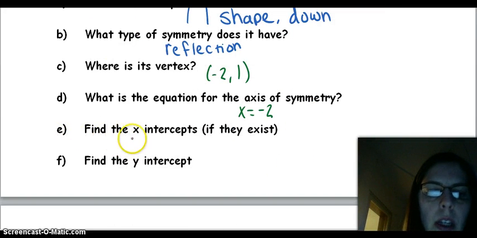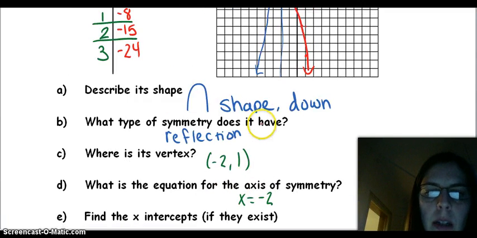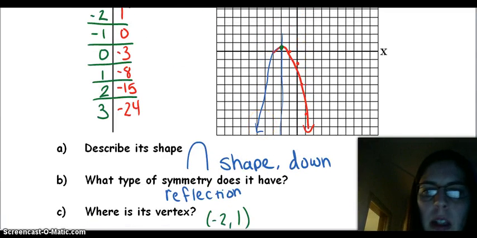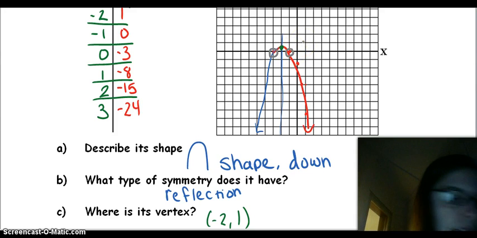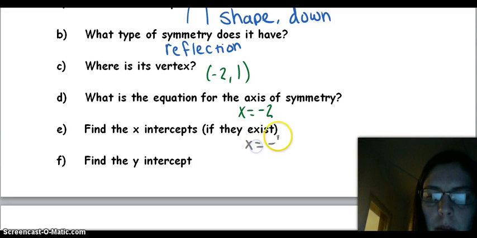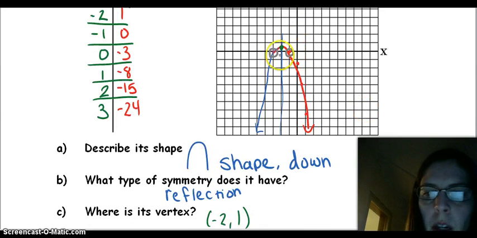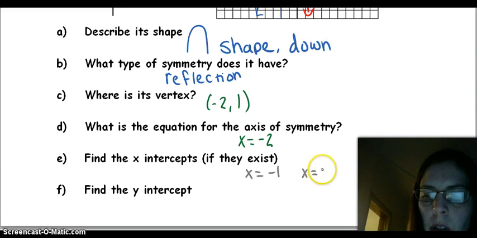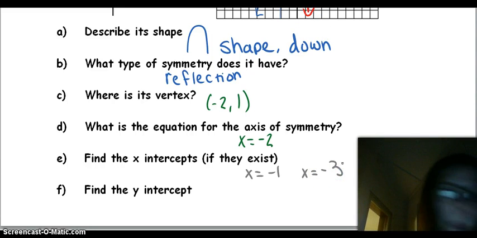Part E says find the x-intercepts if they exist. So the x-intercept is actually at this place, and I'll put this in gray, where it crosses here. So there's two values here. I have x equals negative 1, and x also equals, if I go up here, 1, 2, 3, so x equals -3.